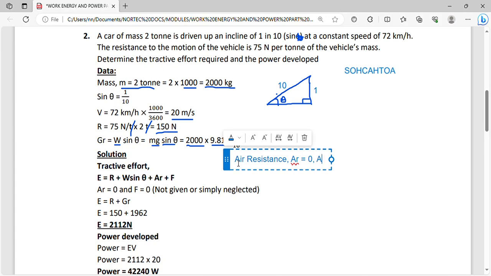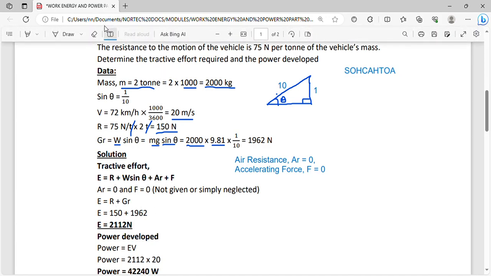At the same time, the accelerating force, which is F, we also have nothing. So these two are blank. We leave them like that, no problem.